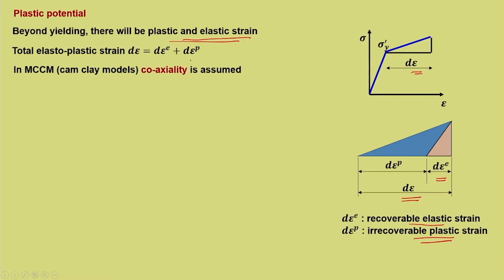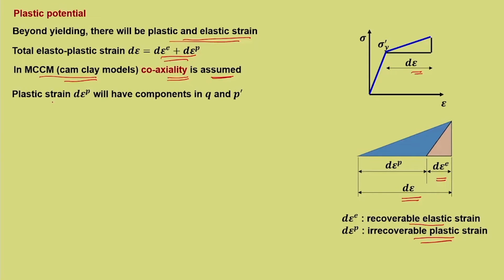Now, to define the strain further, we need to make further assumptions. In Cam-Clay models, coaxiality is assumed. Now, this is another assumption that we need to have in order to determine the strain. That means, this particular aspect, the plastic strain, that is d epsilon P, will have components in q and p dash.